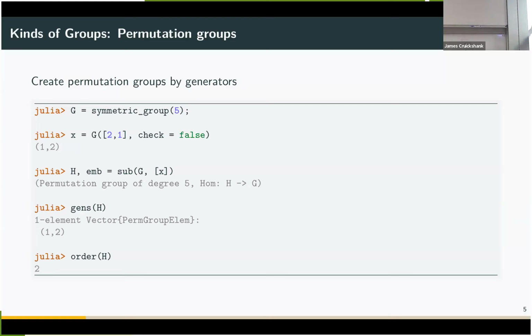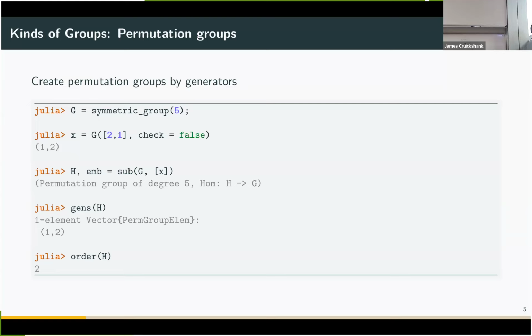Okay, so now we have some element of the symmetric group constructed explicitly. And now forming a subgroup of the symmetric group is done by the function sub. We have the symmetric group and then a list of the generators which we want. Usually the functions which construct certain groups from another group, subgroups say, come together with an embedding.